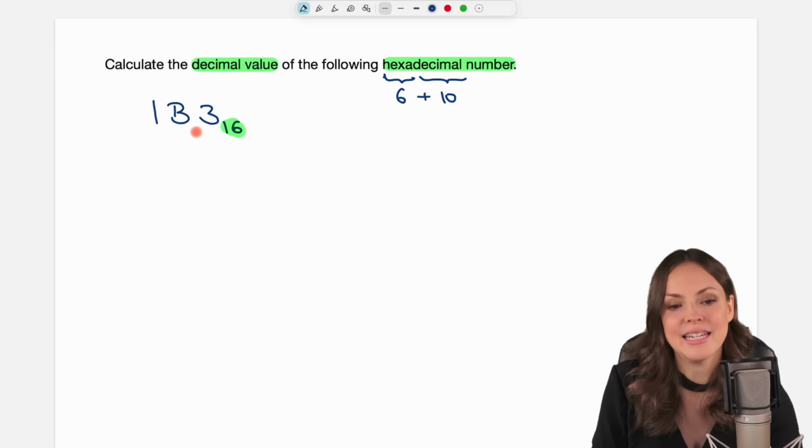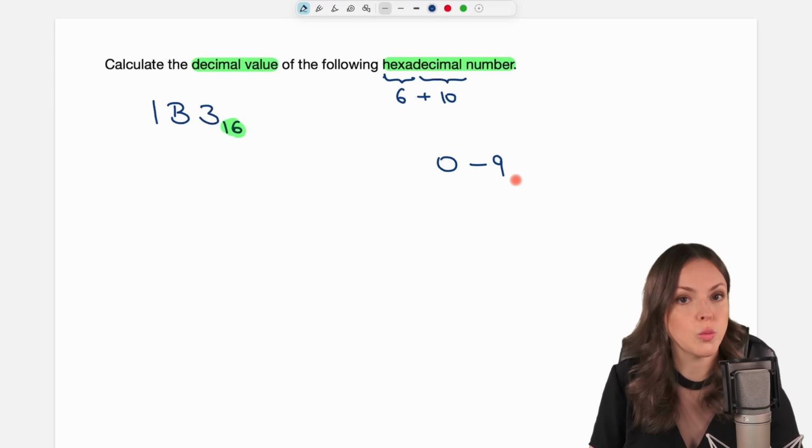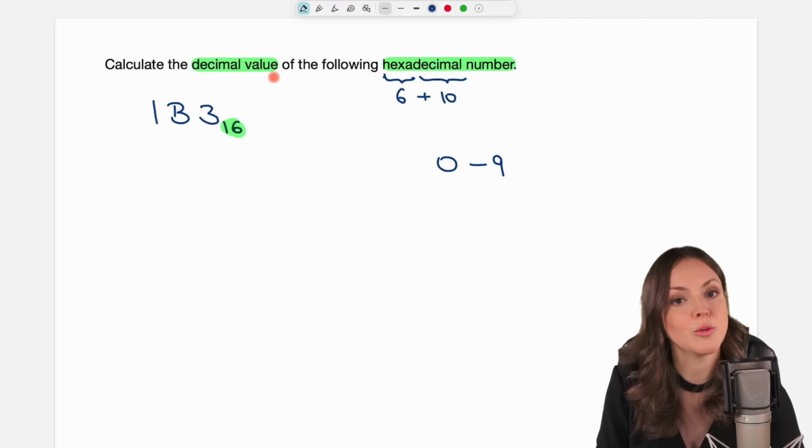And we can see in our hexadecimal number that we not only have numbers like 1 and 3, but also this letter B here. The hexadecimal system consists of the numbers 0 up to 9, as we know it from our decimal system.